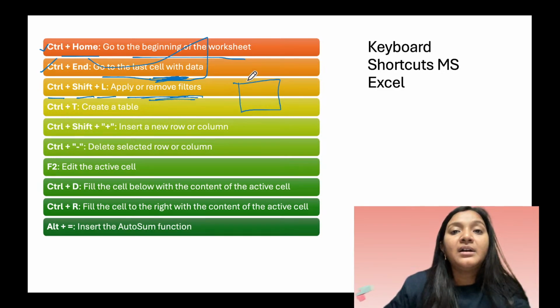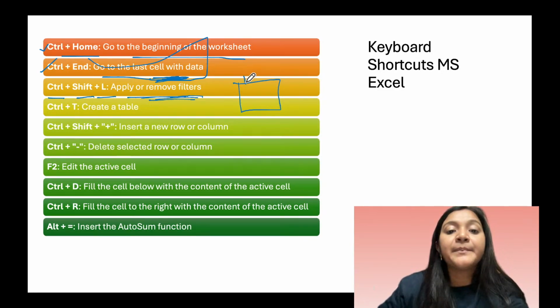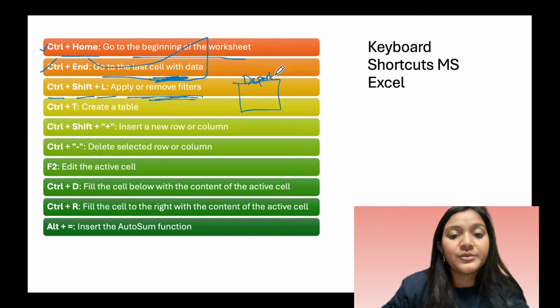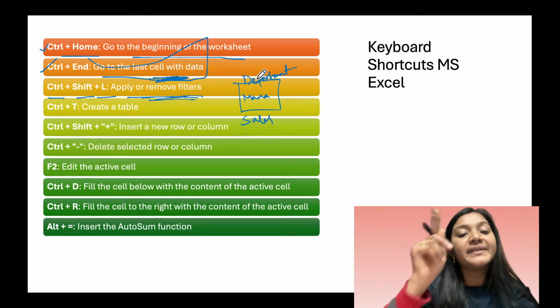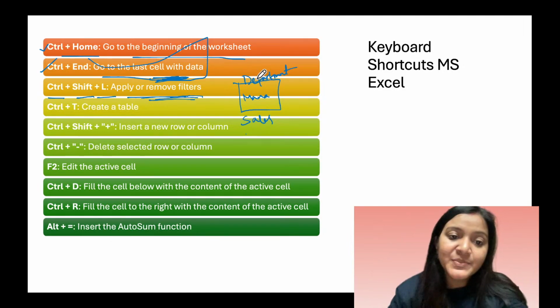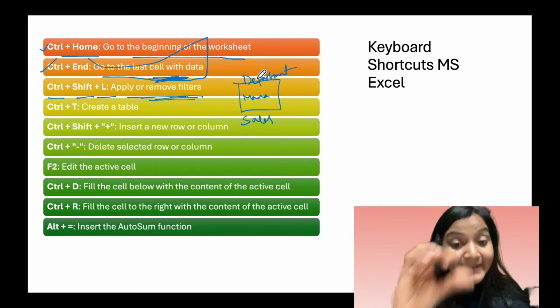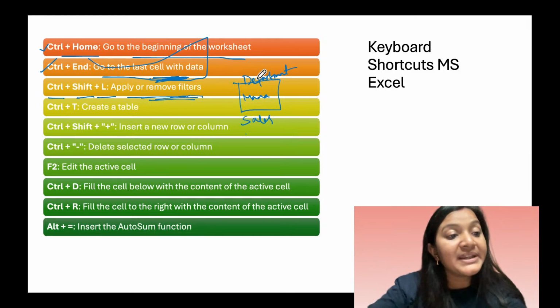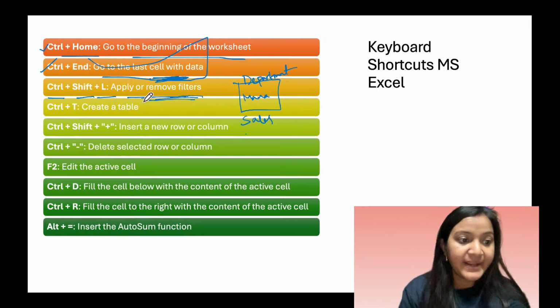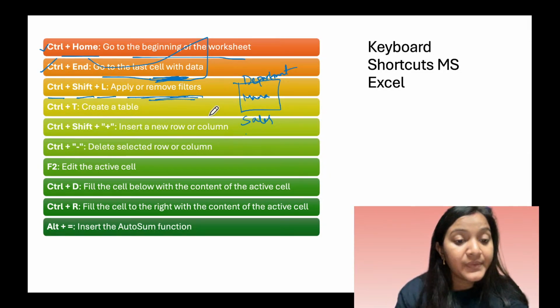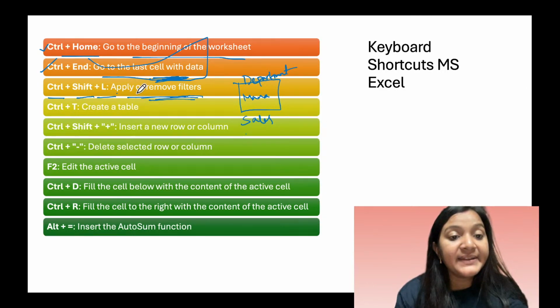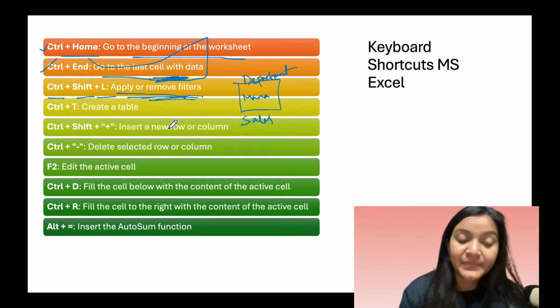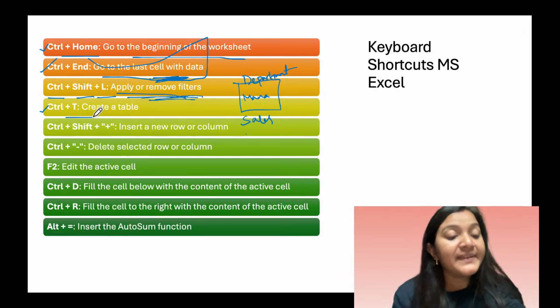Let's say somewhere it's written department. Any department data you have made, so department is written, let's say management, sales, etc. You want to filter, so you just select management, then only the cells belonging to the management category will be displayed, right? Okay, so that's it. For that it's Control Shift plus L. Let's say you have to create a table, that is Control plus T.